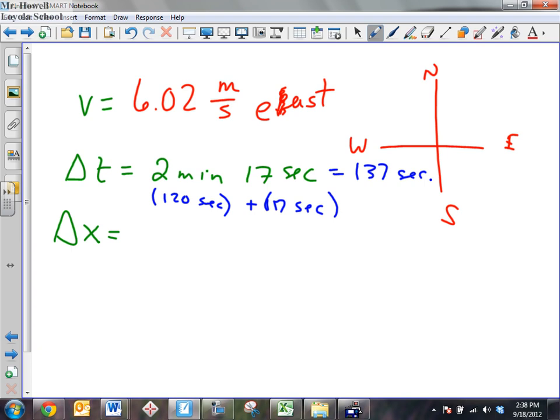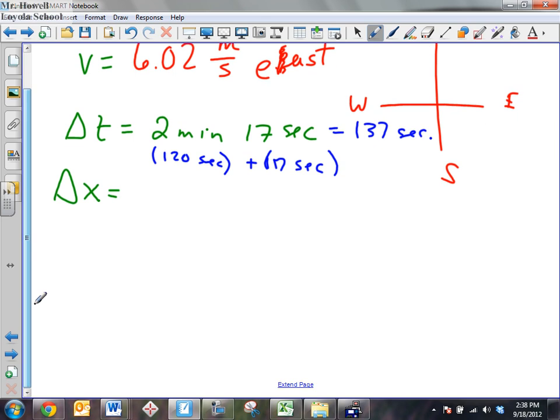Now, the next step, I want to show you something that you might not think to do right away. First, since we're looking for delta x, what we should really do is solve the equation for delta x first, before we put in any numbers. So, our equation is v equals delta x over delta t.